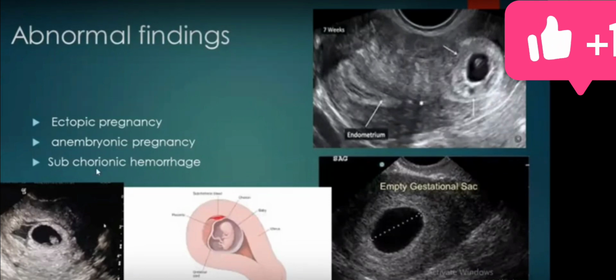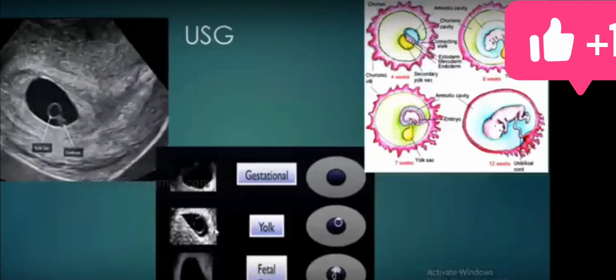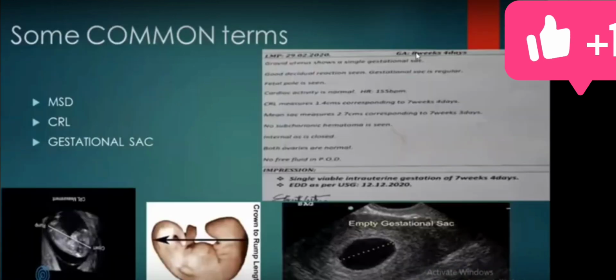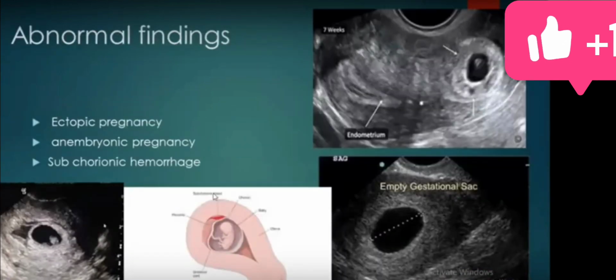Another term we will see in the first trimester or in the early scan is subchorionic hemorrhage. Subchorionic hemorrhage means this is the trophoblastic cells, which may develop into the future placenta. There is some blood seen on the back surface of this future developing placenta.